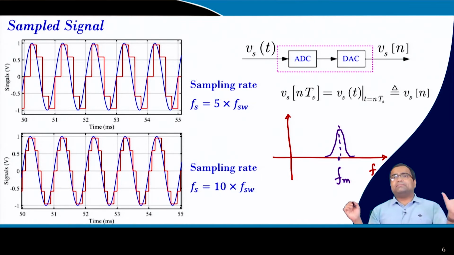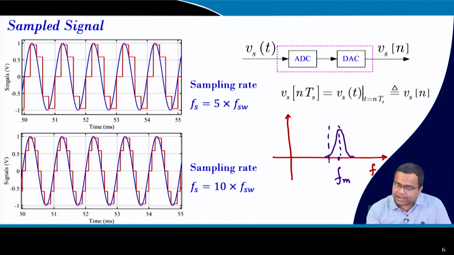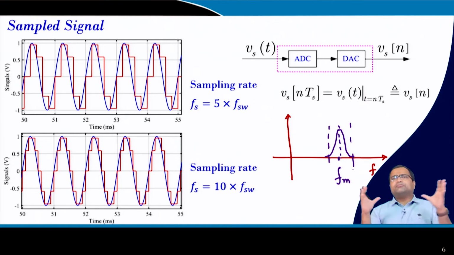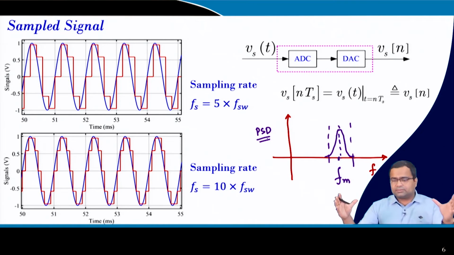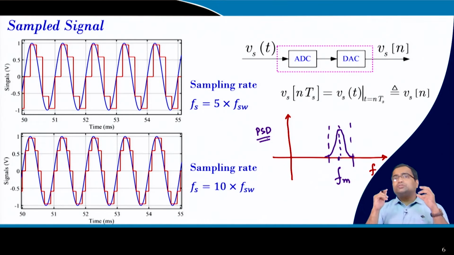That means it is band limited. We will take a certain band, not too much of a band. So, it is a band limited signal, and we are talking about the power spectral density. Since we are talking about a real system taking into account all types of uncertainty, we will talk about a band limited signal.